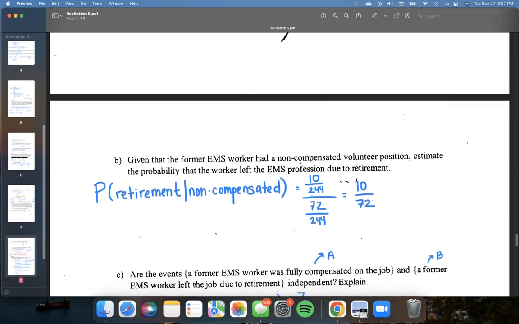Are the events a former EMS worker was fully compensated on the job, and a former EMS worker left the job due to retirement independent? Explain.